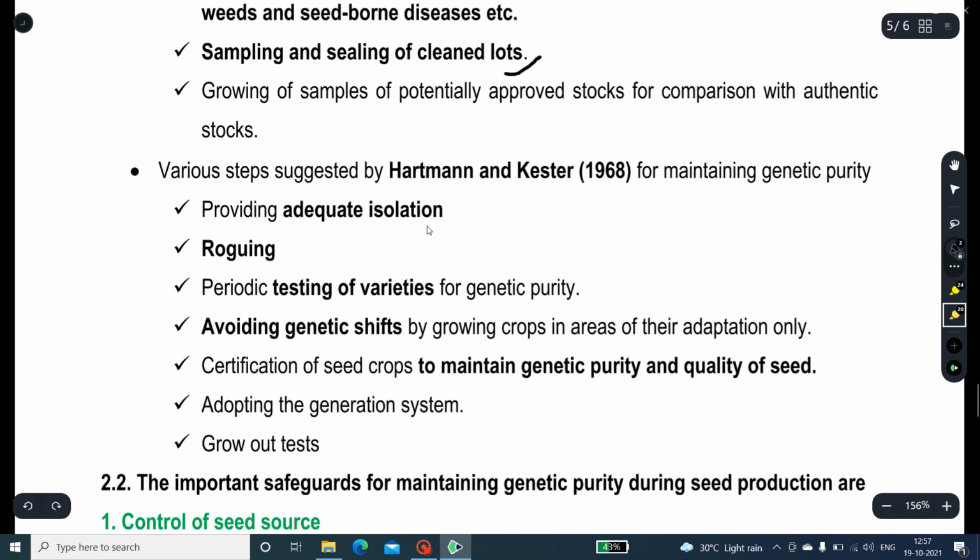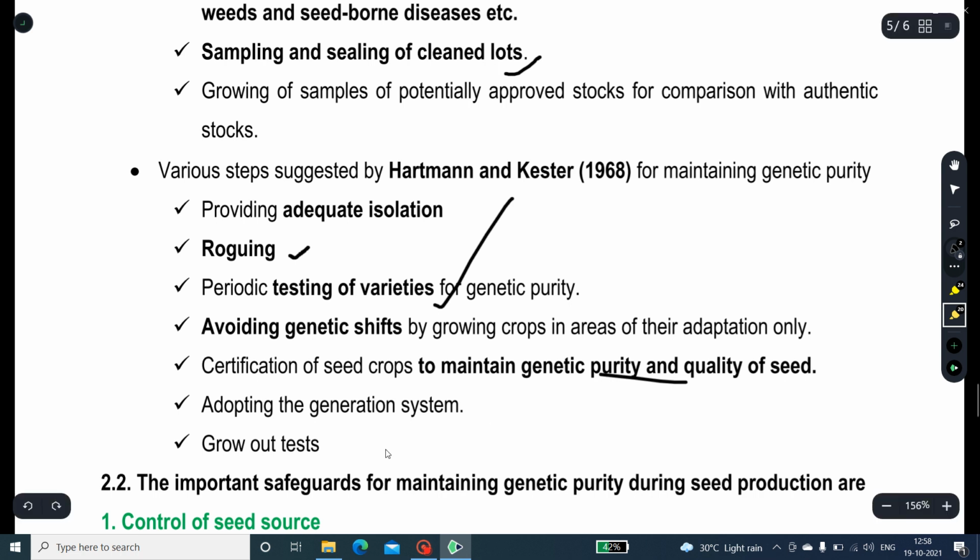Here, the major one is providing adequate isolation to prevent contamination by natural crossing or mechanical mixtures, and roguing of seed field prior to the stage at which they contaminate the seed crop, and periodical testing of varieties for genetic purity, and avoiding genetic shift by growing crops in areas of their adaptation only, and certification of seed crops to maintain the genetic purity and quality of seed, and adapting the seed generation system based on the pollination behavior, and grow out test.